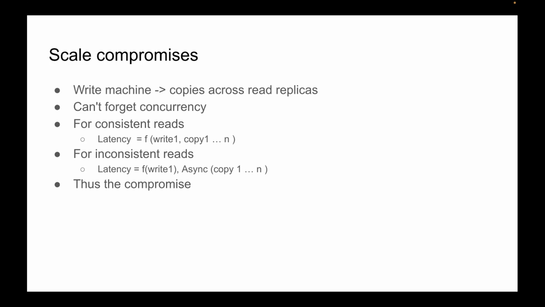You can say, I want low latency and I'm okay with weak, inconsistent reads, and the database will offer you that functionality. Or you can say, I'm not okay with this, I want strongly consistent reads at the expense of higher latency, and the database will allow you to do that. So you have to figure out what compromise you need.